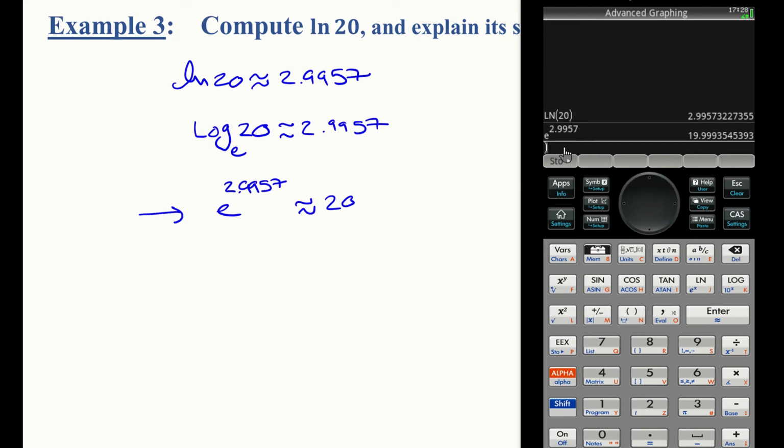Let's see. If we type in shift e to the power of ln of 20, let's see if it's still going to do that. Yeah, so it's doing this by approximation again. That's why it didn't actually give us 20, but as you can see, that's virtually indistinguishable from 20.